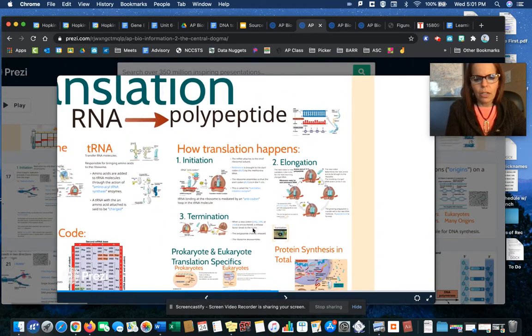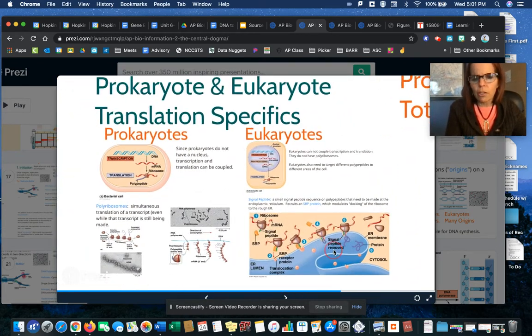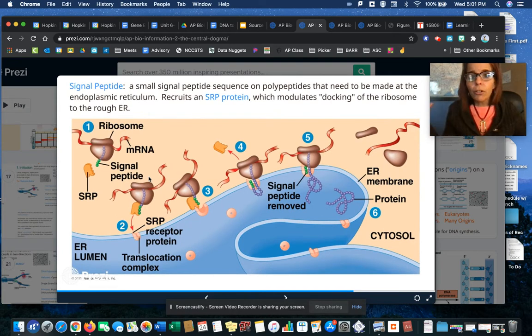Elongation, termination, protein synthesis, eukaryotes. Oh, one other thing that I do want you to be aware of. Eukaryotes are so big that many of the proteins need to be made on the endoplasmic reticulum so they can be packaged and transported to other areas of the cell. When the polypeptide is first being made, there's a signal set of amino acids at the beginning that signal a protein called the SRP protein.